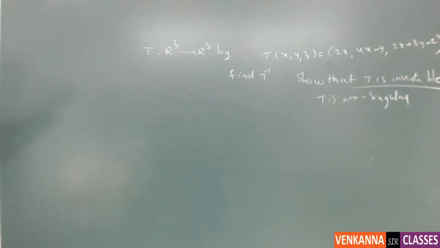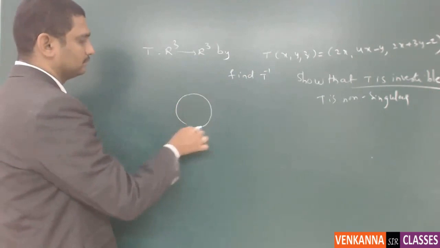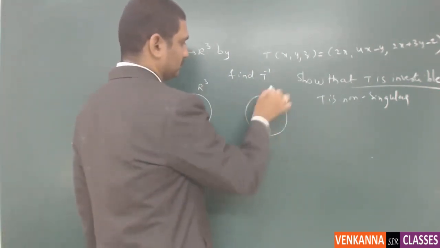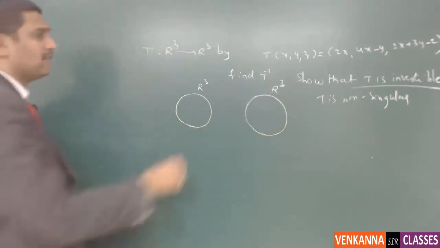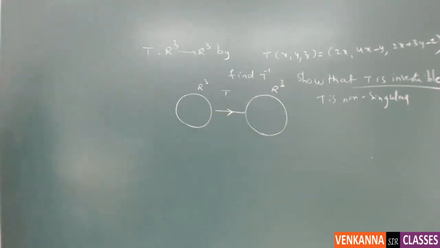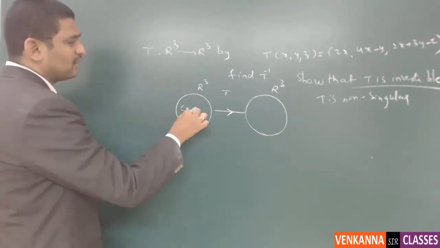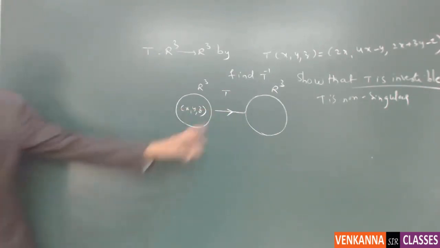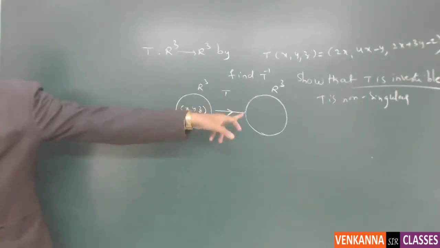Now how to find the inverse function? It's very simple. Let me say T is a function from R cube to R cube here. Now if I take (x, y, z) in R cube and apply T to this element, I will get an image there.